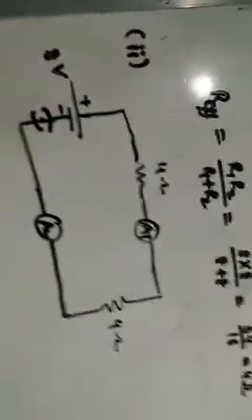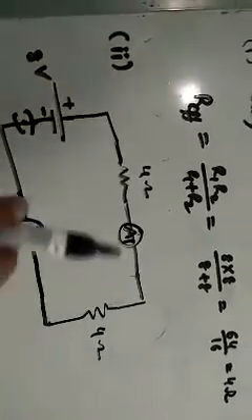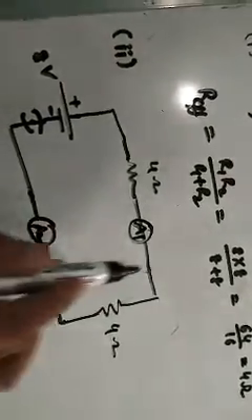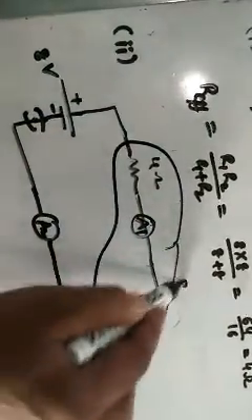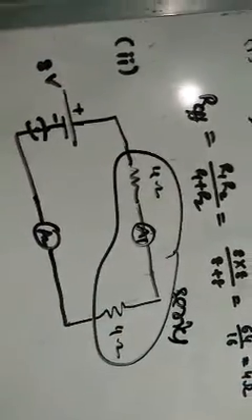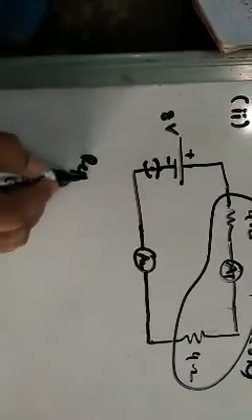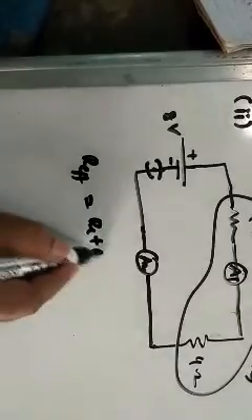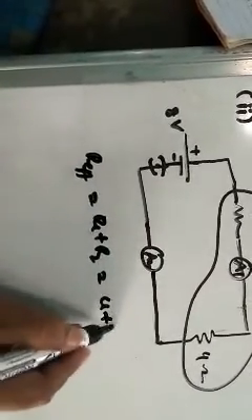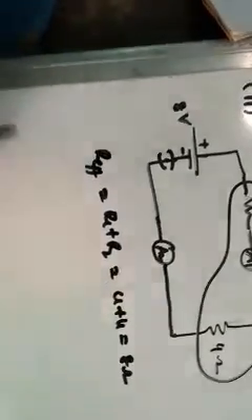Now you can see, what is the combination of the two 4 ohm? These two are in series. So what is the effective resistance formula? R effective equals R1 plus R2. So 4 ohm plus 4 ohm is equal to 8 ohm.